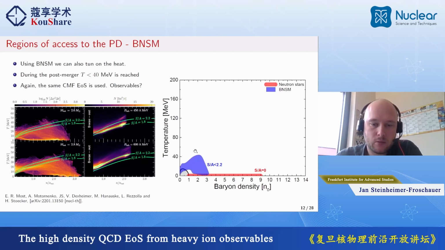Using the CMF equation of state in the simulations, we get temperatures of up to maybe 40 MeV. And that's basically indicated by this blue region here, on the left-hand side. This is a time-integrated evolution in the temperature and density plane for these mergers. And you see you get entropy per baryon of about 2.